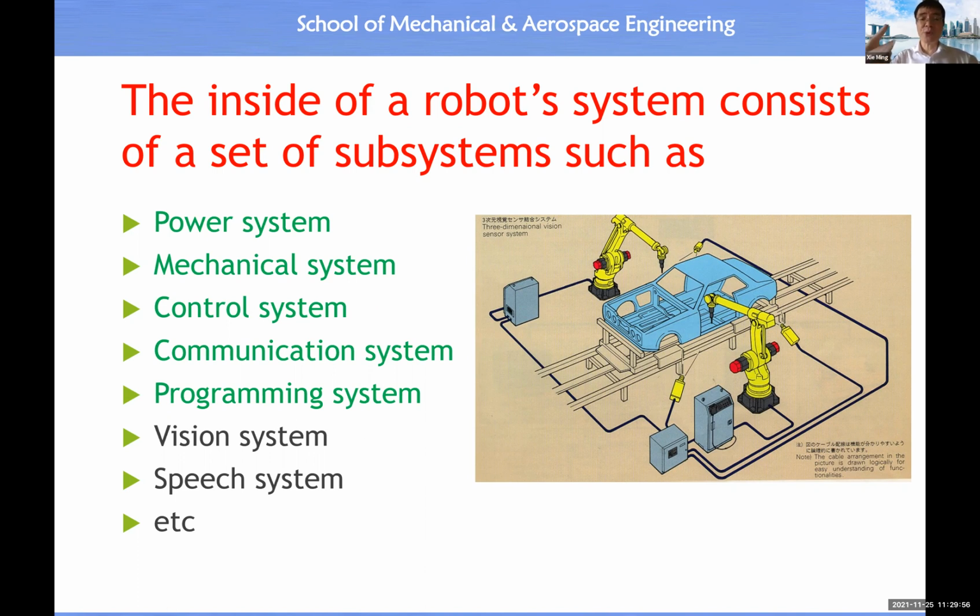So we use existing software modules from the market. Then, depending on the hardware of the robot brand, we need to know how to operate the input output module inside the robot brand.